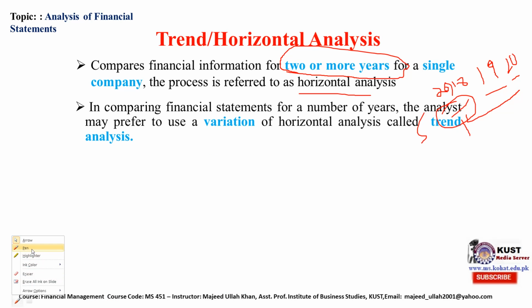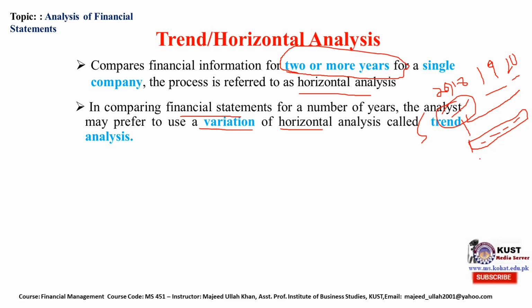In comparing financial statements for a number of years, the analyst may prefer to use a variation of horizontal analysis called trend analysis. So when an analyst compares these time series data of sales or any other figures, we investigate the variation in these time series.